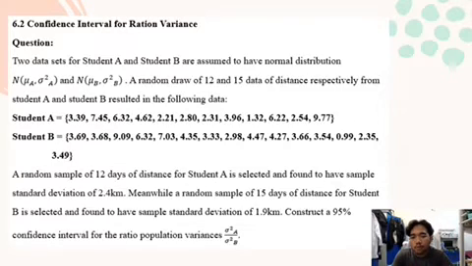The question: two data sets for student A and student B are assumed to have normal distribution, with mean A, variance to the power of 2 A, and n, mean B, variance to the power of 2 B. A random draw of 12 and 15 data of distance respectively from student A and student B resulted in the following data.